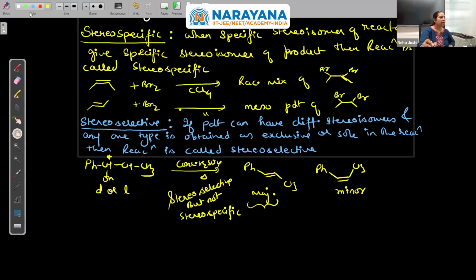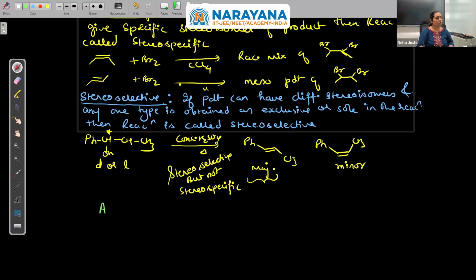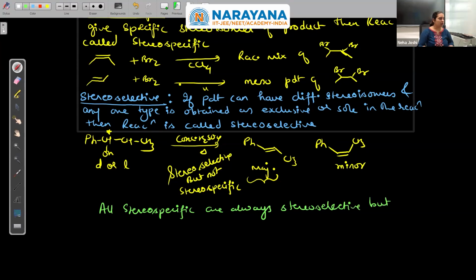So I can conclude all stereospecific reactions are always stereoselective, but the reverse is not always true.